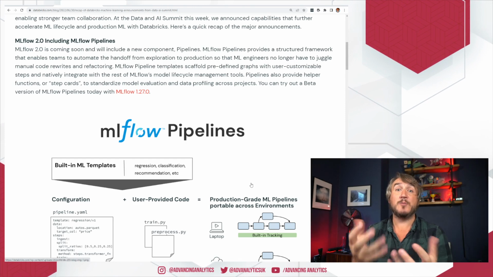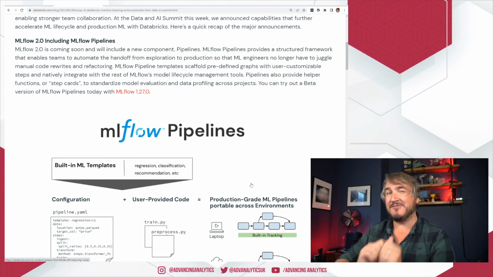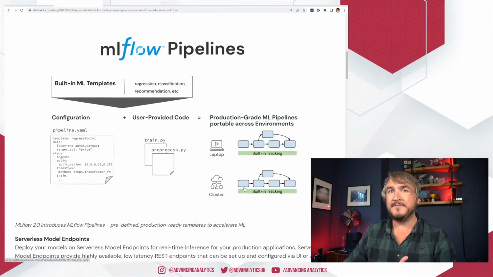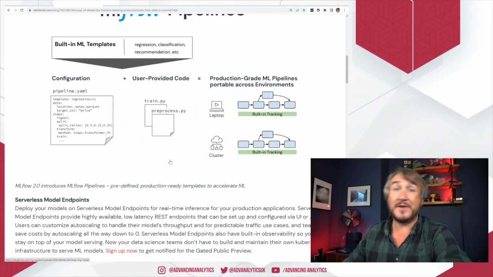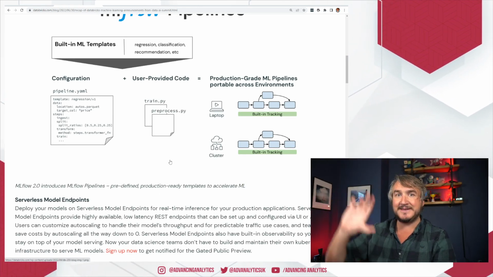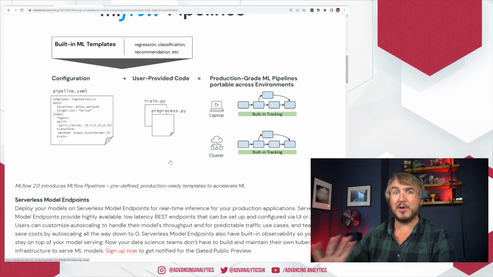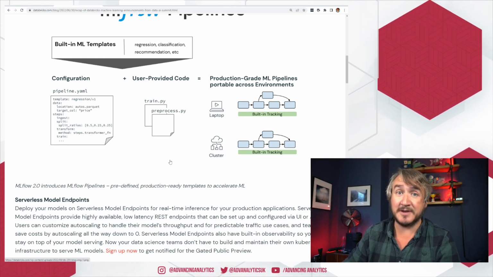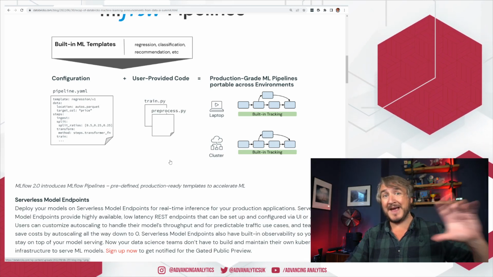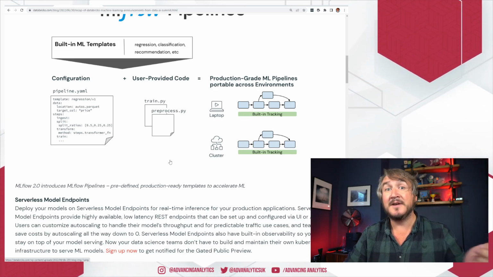So when we're training a model and we want to do it in a reliable, repeated way, we can use an MLFlow pipeline. You've got an example here, we have some configuration that we pass in via YAML. So we can build this kind of templated set of building blocks that we want our training process to go through to prep the data to get in the right shape, to do feature engineering, and then we can pass environmental configuration into it via YAML.